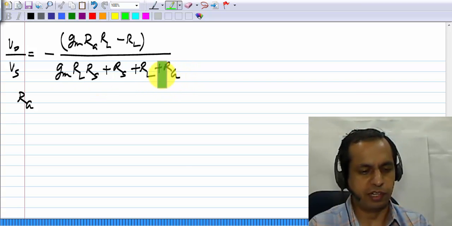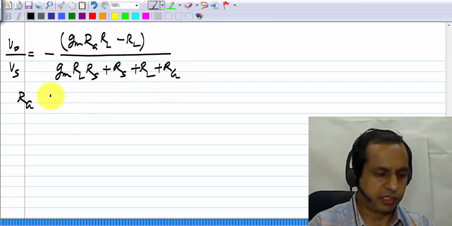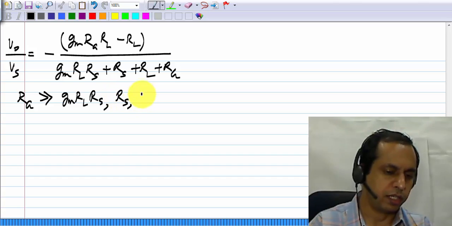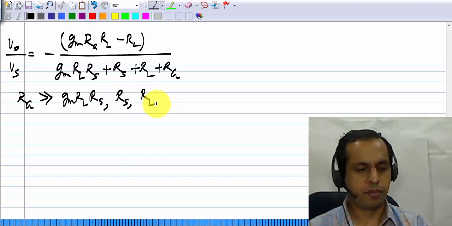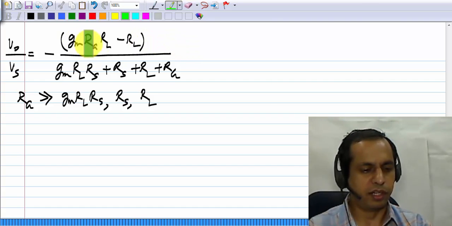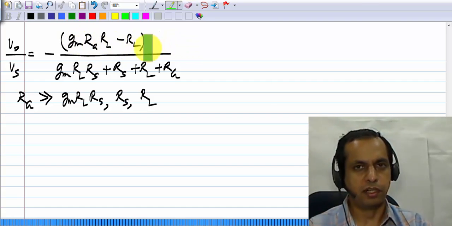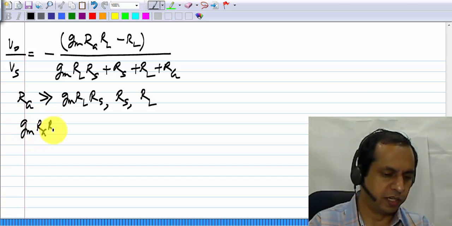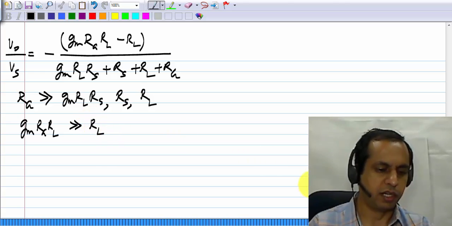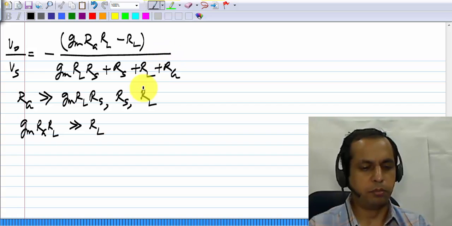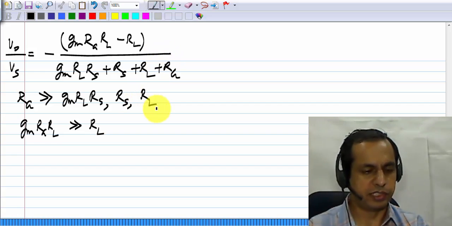One of them is RG itself and we have 3 other terms, and let's say that RG is much more than each of those other terms: GM RL RS, RS and RL. Similarly in the numerator, let's say that the term containing RG is much more than the others, that is GM RG RL is much more than RL. In this case, I can neglect all the other terms and retain only the terms containing RG.